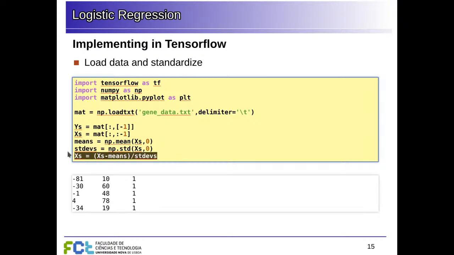So this part is what we did lots of times in machine learning. We read the data, we subtract the mean so that it's centered at 0, and we divide by the standard deviation so that the standard deviation of the data that we're actually going to use is always 1 in each dimension, and everything has the same scale and it's centered at 0.